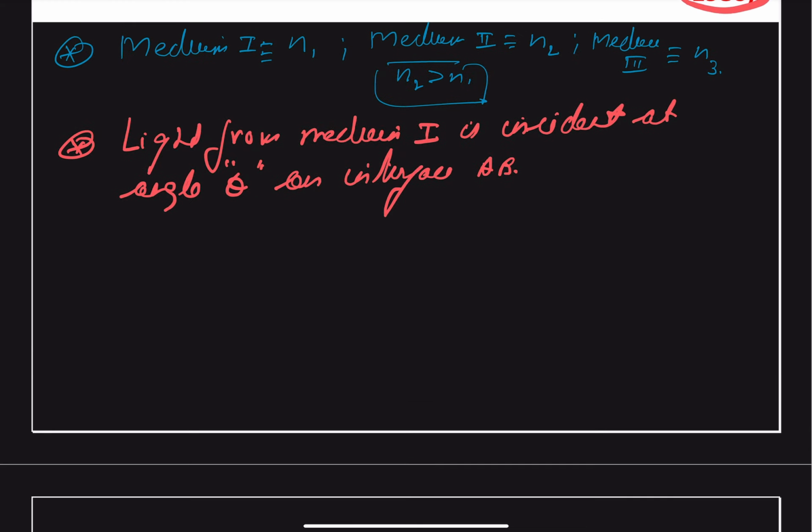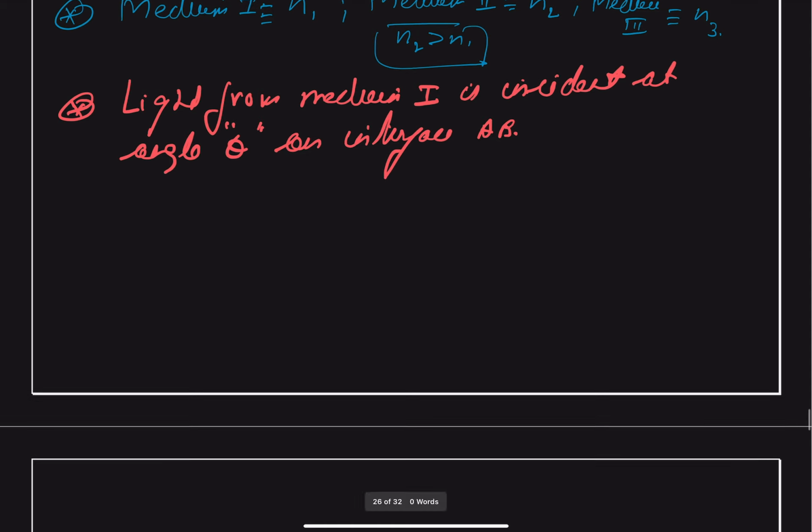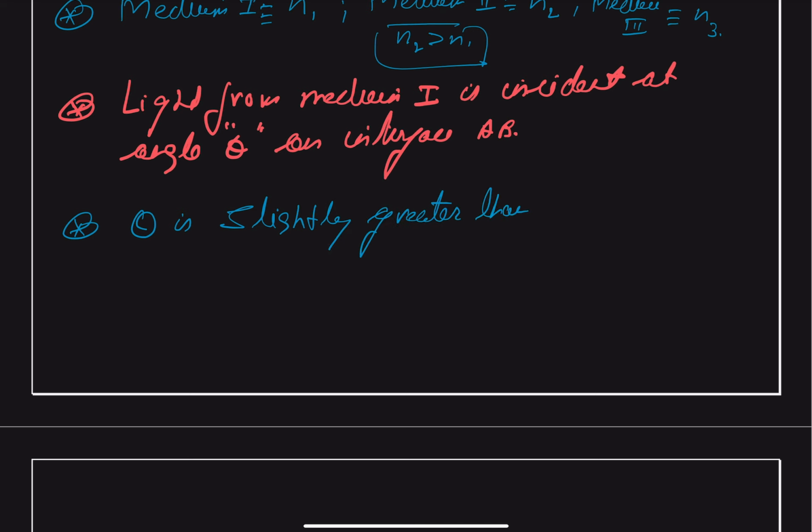That is our critical angle, so we are given that theta is slightly greater than sine inverse of n2 by n1, and this can be written as sine of theta is greater than or equal to n2 by n1, because it is slightly greater.